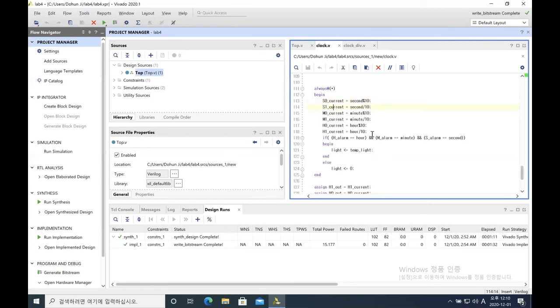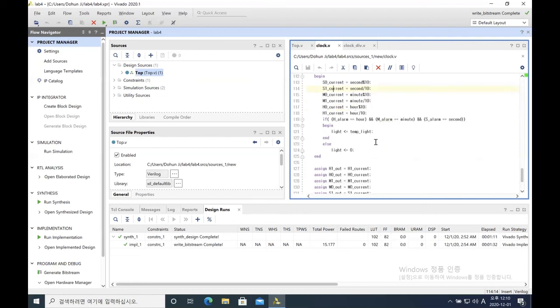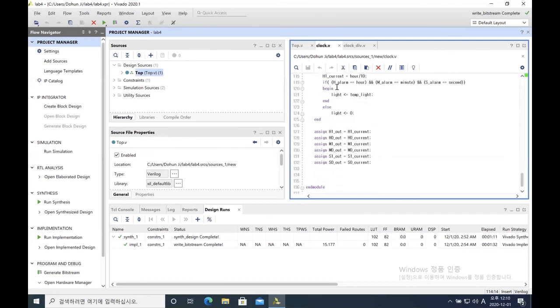And the second digit, the tens digit of second, will be equal to second divided by 10, and so on. And if current hour is equal to the set alarm, then we set the light to blink, and if not, then the light stays turned off. And that's it. Thank you.